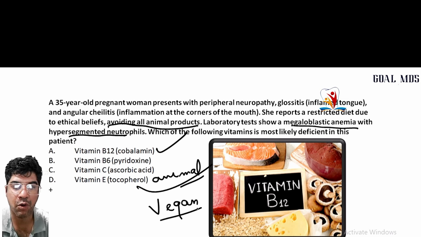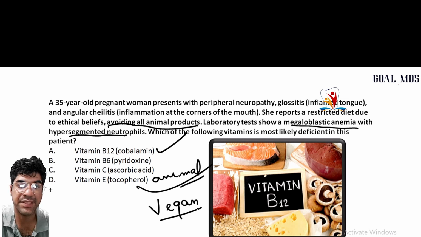B12, we know, is essential for the normal functioning of the nervous system, RBC production, and DNA synthesis. So its deficiency can result in various neurological symptoms, megaloblastic anemia, and symptoms like glossitis and angular cheilitis. Whereas in the other options, like vitamin B6 deficiency, it can also lead to peripheral neuropathy, but the characteristic findings like megaloblastic anemia and hypersegmented neutrophils point toward B12 deficiency in this case.